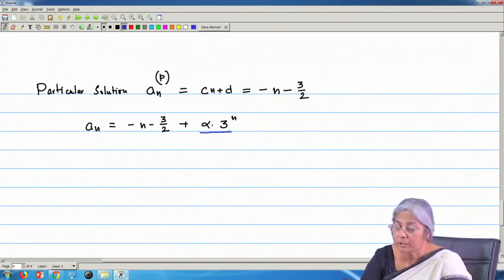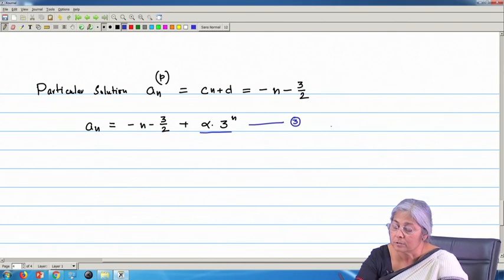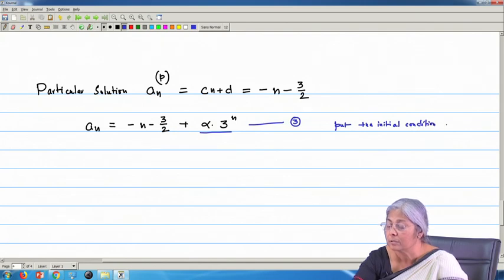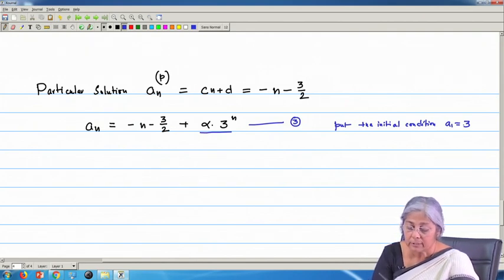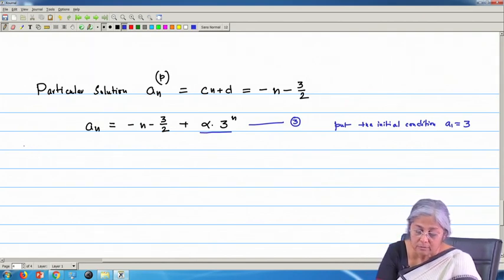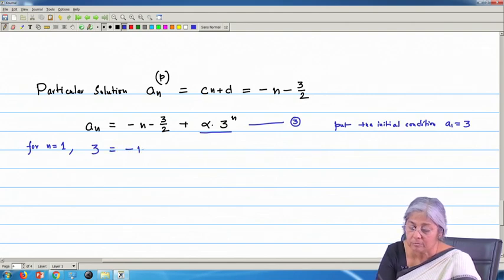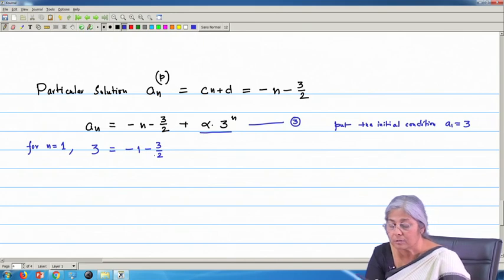Now we can put the initial condition A1 equal to 3 in this equation, that means n equal to 1. So for n equal to 1, I have 3 equal to minus 1 minus 3 by 2 plus alpha 3 to the power 1.